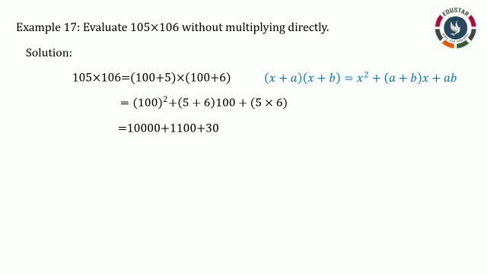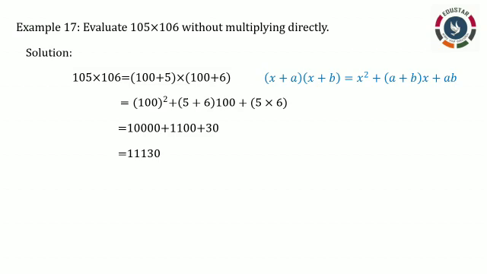And 5 plus 6 is 11. 11 into 100 is 1100. 5 into 6 is 30. So, our next step is 10,000 plus 1100 plus 30, which is equal to 11,130.